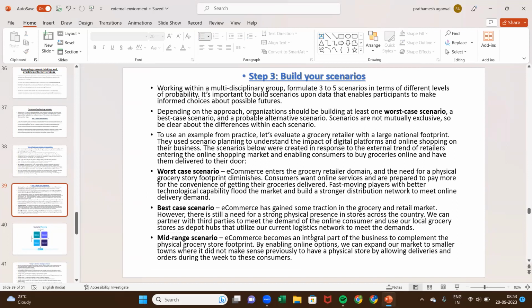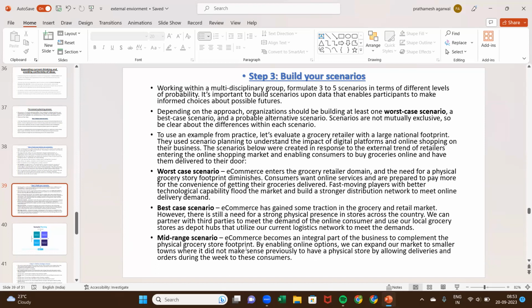For example, Zomato. If you go on Zomato, you'll get many restaurants, right? You get offers. So Zomato is doing a tie-up with those restaurants. We can expand our market to smaller towns where it did not make sense previously to have a physical store, by allowing deliveries and orders during the week to these consumers.